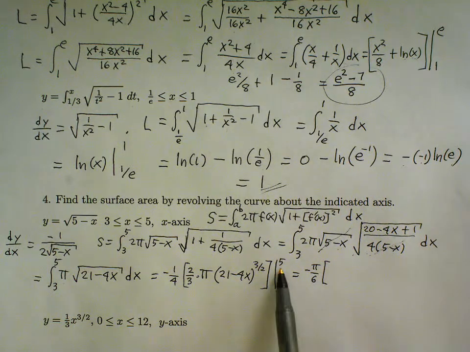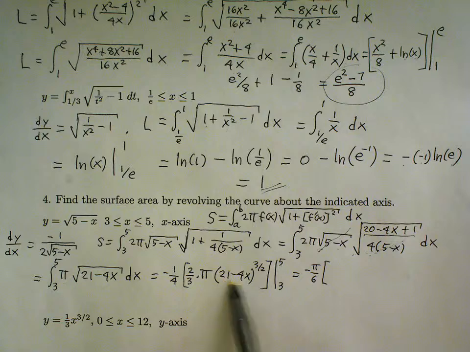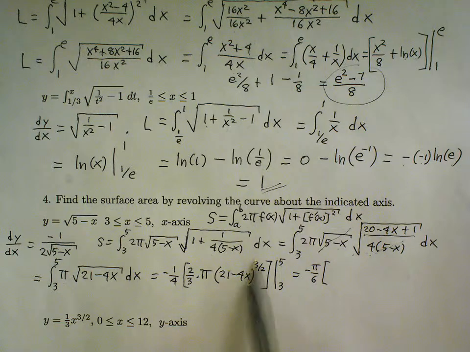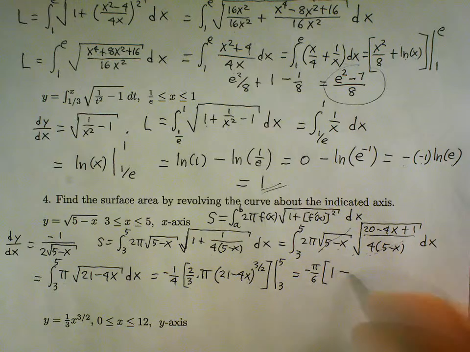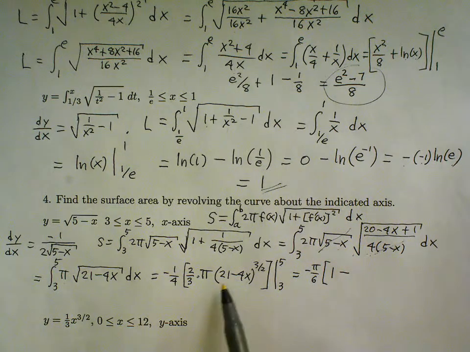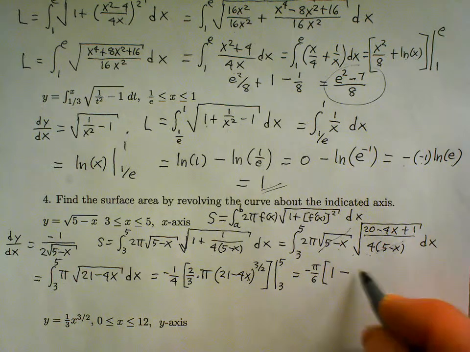When x is 5, we have 21 minus 4 times 5, or 21 minus 20, which is 1, and 1 to the 3/2 is 1. From that, we subtract 21 minus 4 times 3, which is 9, and 9 to the 3/2 is 27. So we get 1 minus 27.